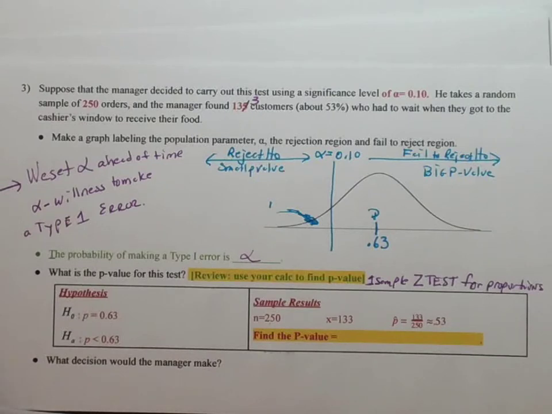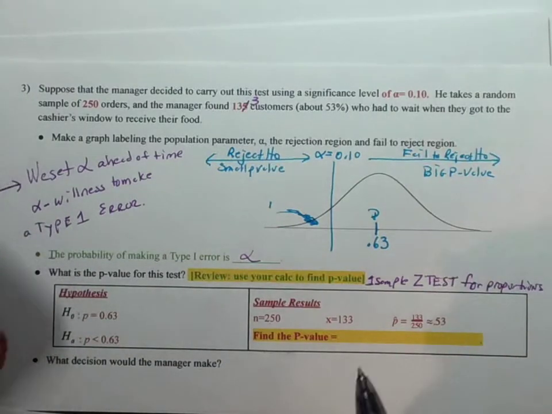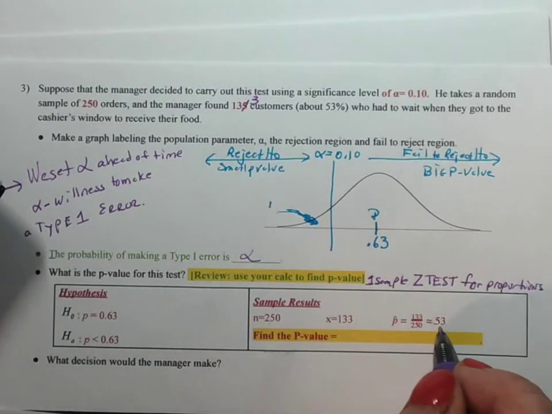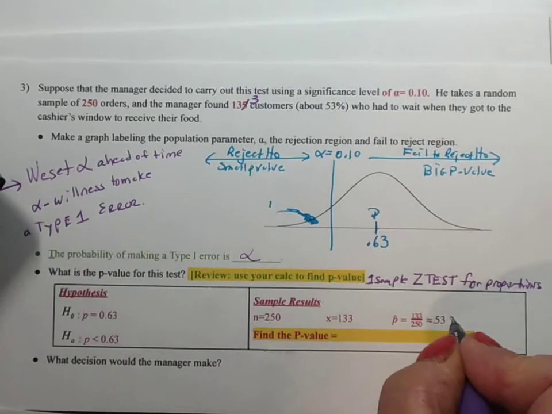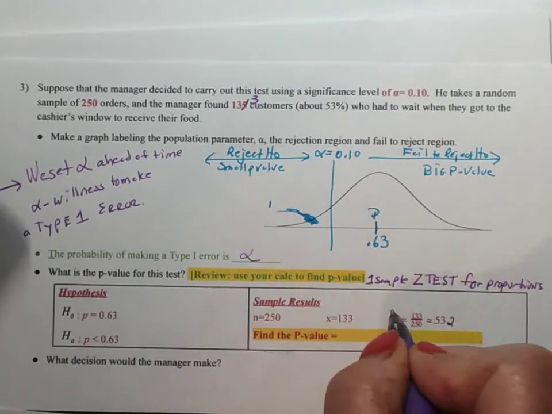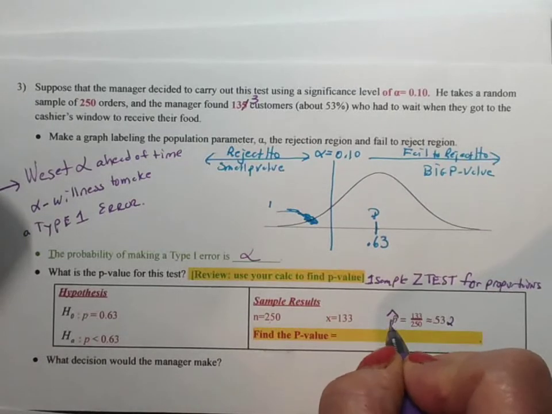Okay, and let's see if we did 135 divided by 250. Okay, so 133 divided by 250 is approximately 0.53. It's actually 0.532. That is my p hat.